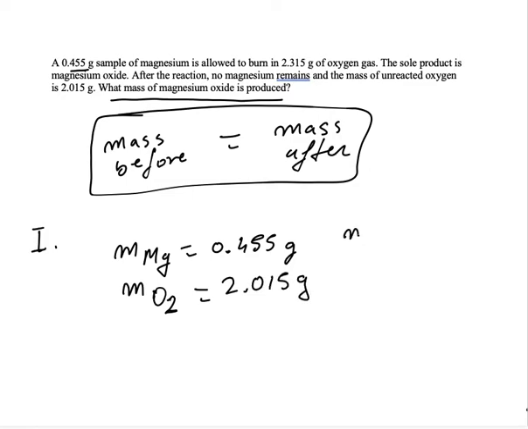We have the mass of oxygen before, let's write A for after, B for before, it's 2.315 grams. Okay, now we're looking to find the mass of magnesium oxide.